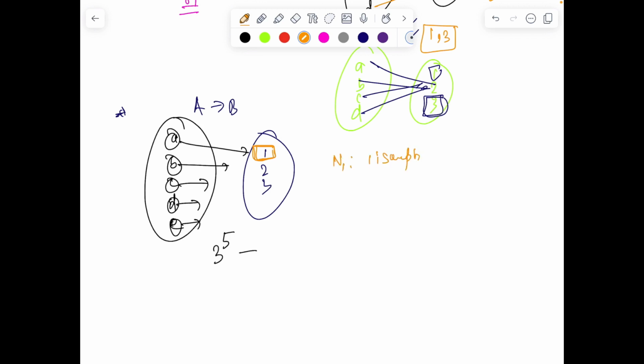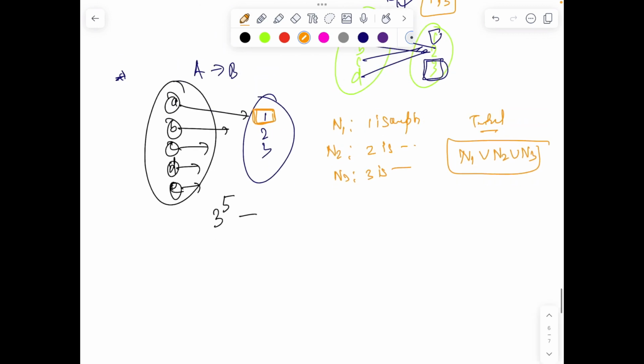So let's say n1 is when 1 is empty, n2 when 2 is empty, and n3 when 3 is empty, and I don't want either of them to be empty. So first I'll calculate their union, from total I'll subtract this, same idea. So 3 to the power 5 minus, when 1 is empty, we'll have 2 to the power 5 choice into 3 choose 1 because anyone can be empty, plus now to make 2 of them empty, A will have 1 choice each, so you don't have a choice.